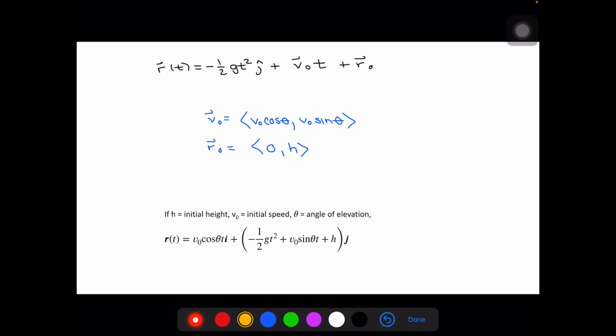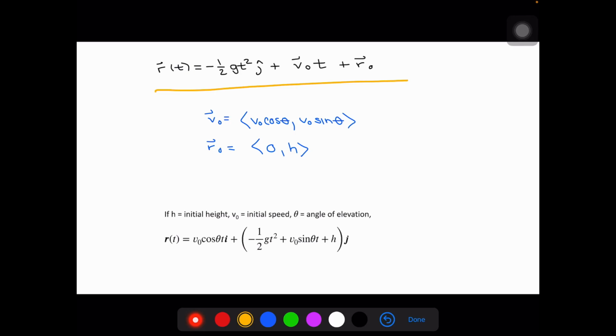And if I actually want to write that formula in component form, so list out the components. At the top of the screen, I just copied down the formula from the previous slide. So we've got this negative 1/2 g t squared j, and then we've got our velocity vector times t, plus our initial position vector.